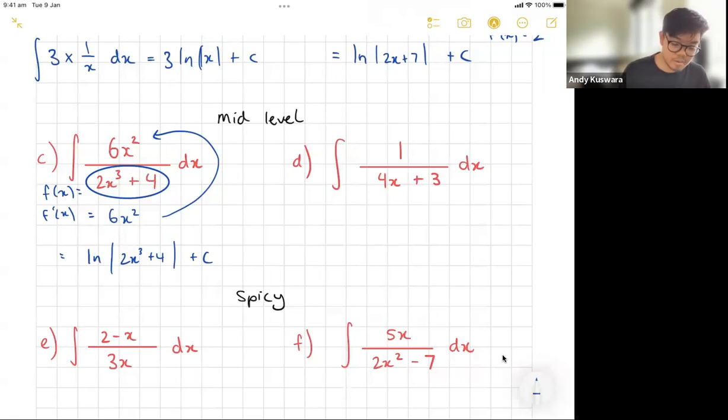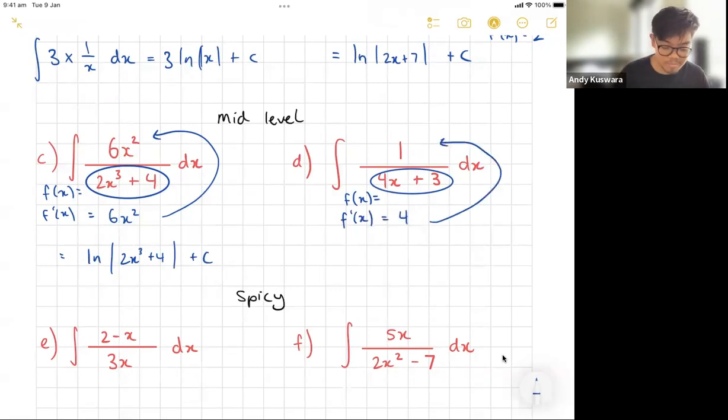Now here, if I was to derive the bottom, if that here was now my function, if that's my f(x), then my f dash x now is going to become 4. Now you notice here that 4 and 1 are not the same.